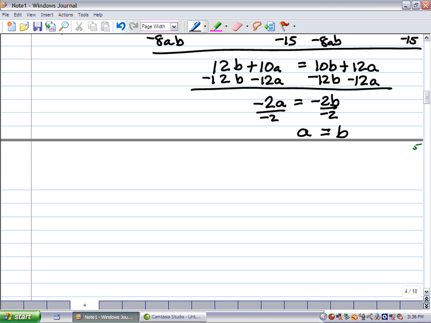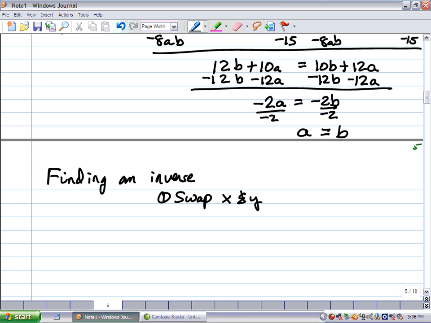Just in case you've forgotten, how do you find the inverse? Remember, you swap the x and y, and then you solve for the new y.